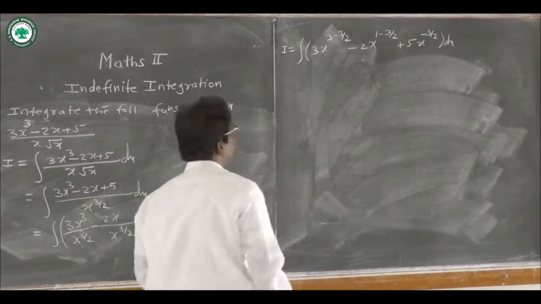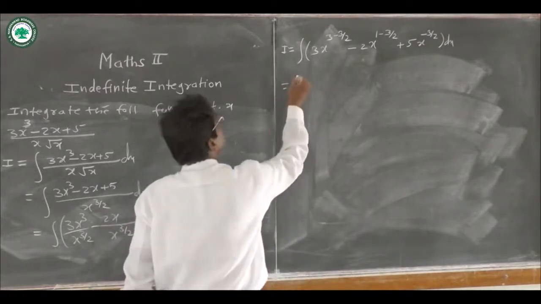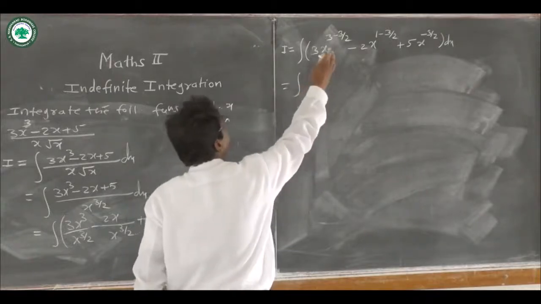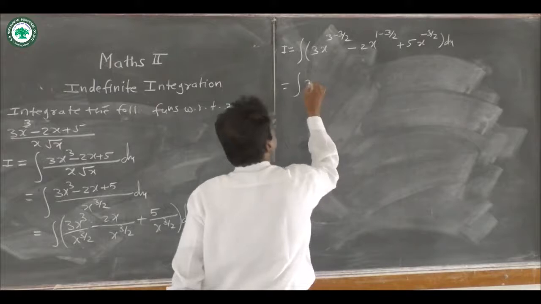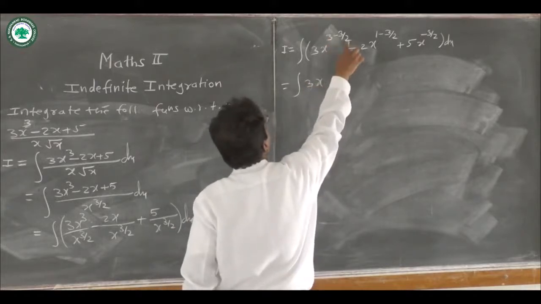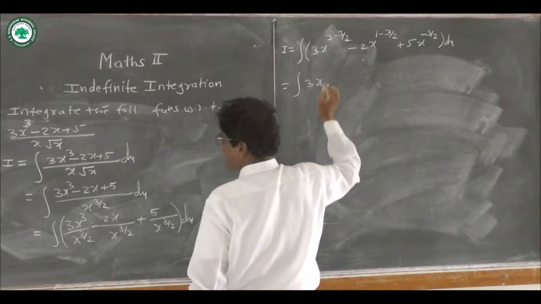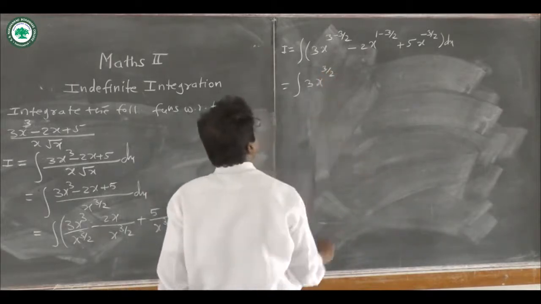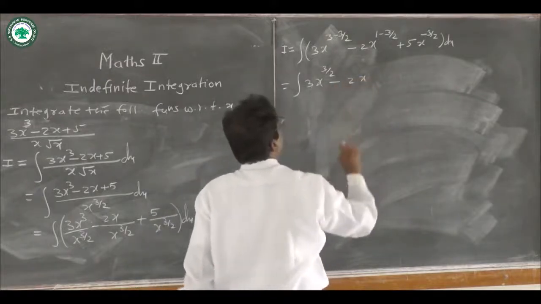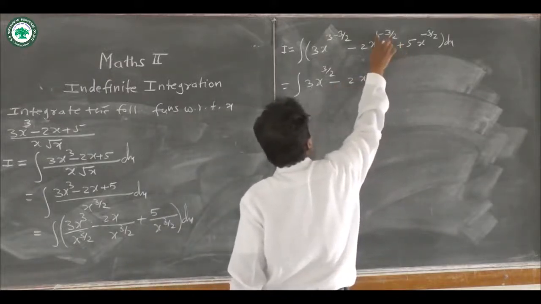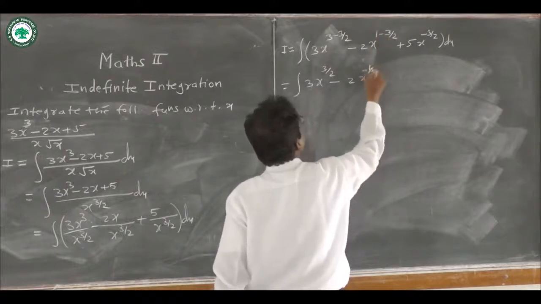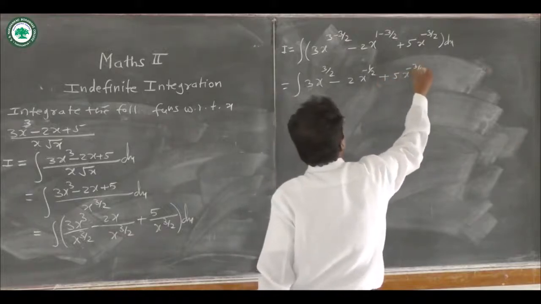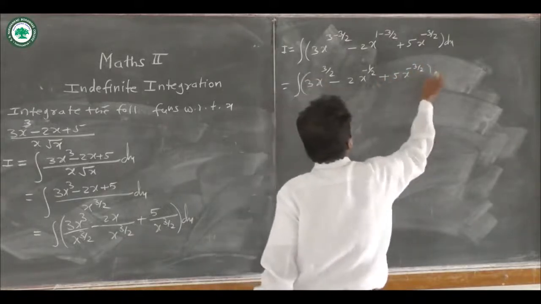Now take separate integration. Firstly we take this subtraction, so 3 into x to the power 3, 6 minus 3, we get 3 divided by 2, minus 2 x to the power 1 minus 3 by 2, 2 minus 3 is minus 1, minus 1/2, plus 5 x to the power minus 3 by 2 and dx.